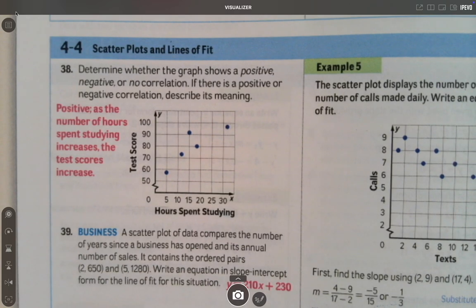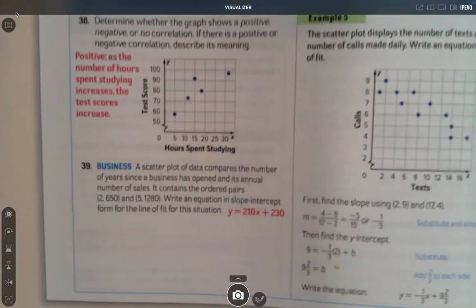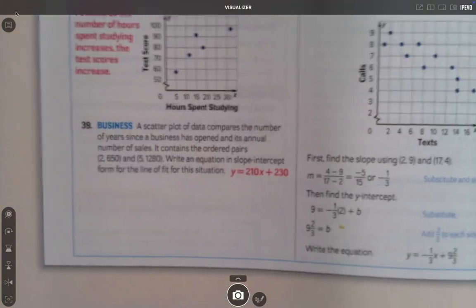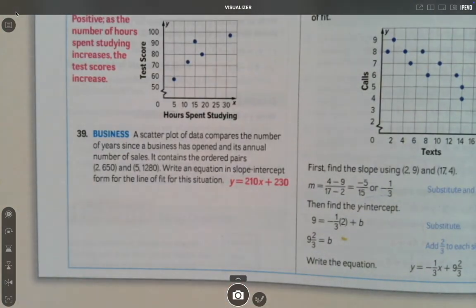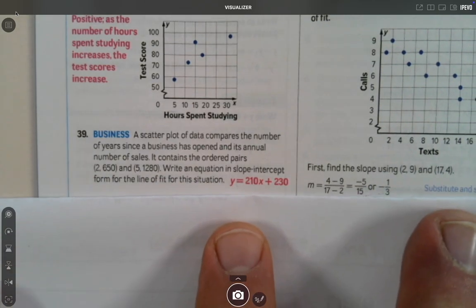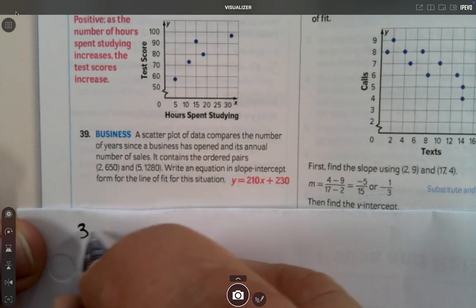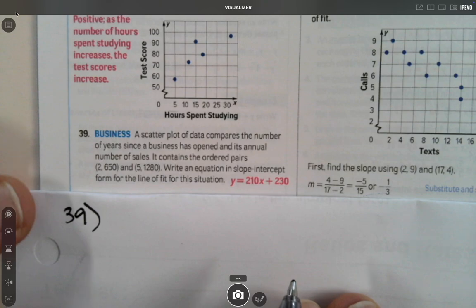All right, now, number 39. A scatter plot compares the number of years since a business is opened and its annual number of sales. Okay, so they didn't give us this scatter plot. But I don't know what the scatter plot looks like.